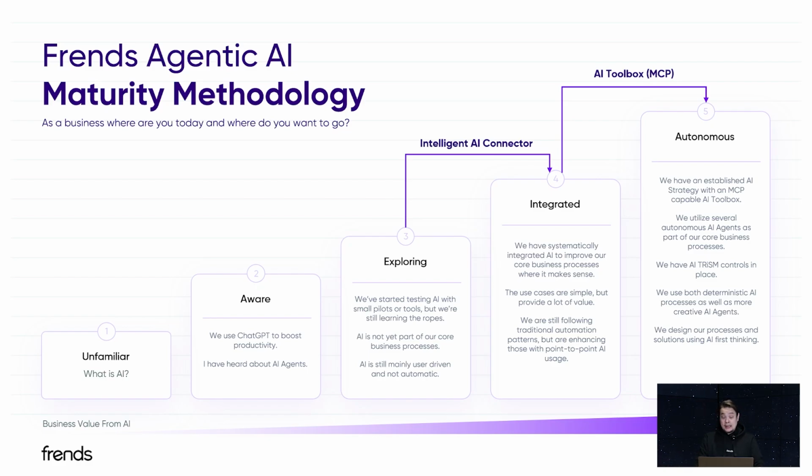What we really want to enable for our customers, and the vision around the Intelligent AI Connector, is to allow for that seamless transition from the exploration stage to the integrated stage with as little effort as possible, and of course with as much transparency around the usage of AI as possible.